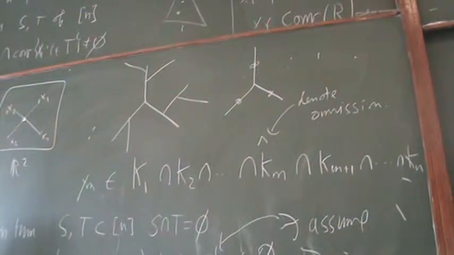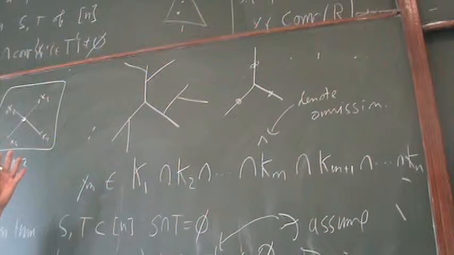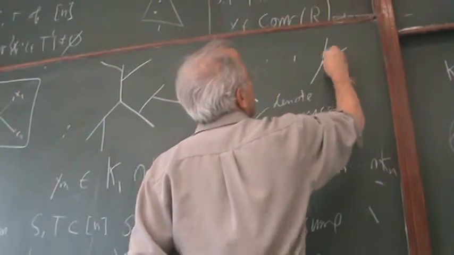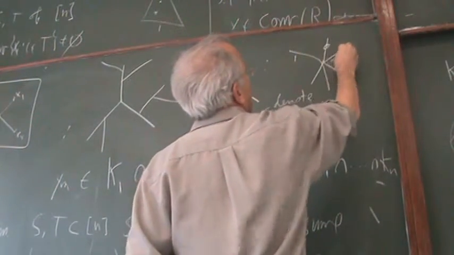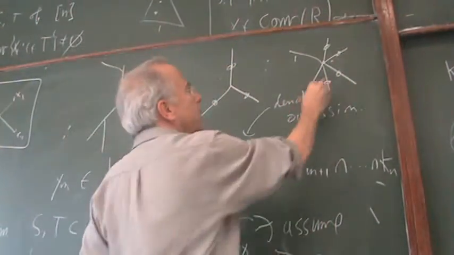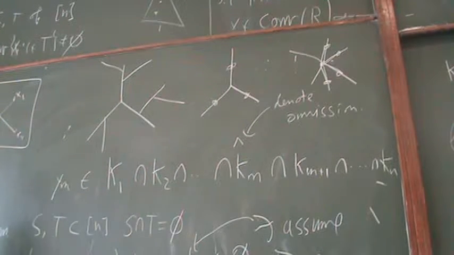Because it looked to me that 4 points are always sufficient. So for example, let's take this tree. Let's say we have 4 points: 1, 2, 3, 4. Now you see the convex hull of these two intersects the convex hull of these two. So I think 4 points always works for trees. And I don't know what the situation is for buildings.